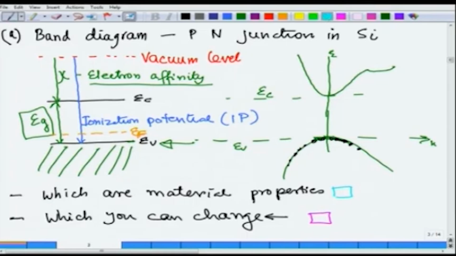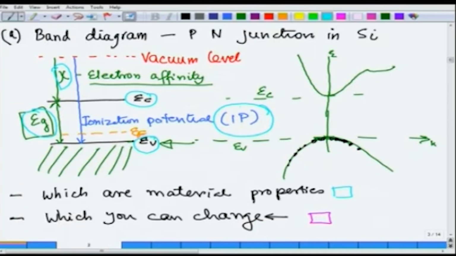You see, electron affinity is a material property. Once silicon is specified, then its conduction band is specified, this edge is specified, and hence electron affinity is specified. The band gap of silicon is fixed, you can't change that. When you say silicon, then it has a band gap, valence band edge is specified, ionization potential, therefore all these quantities are material properties.